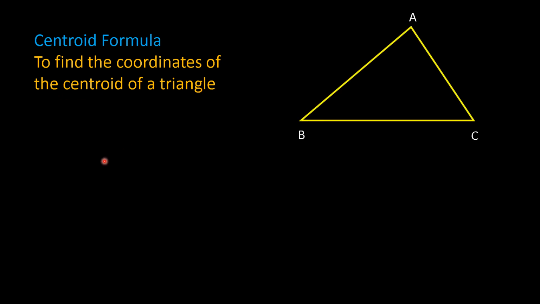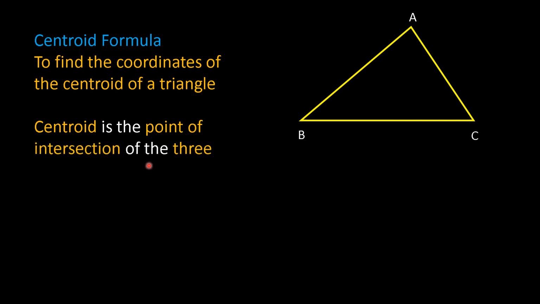Let us understand the centroid formula. Centroid formula is useful in finding the coordinates of the centroid of a triangle. Now what is centroid? Centroid is the point of intersection of the 3 medians of a triangle. So let us find out the centroid of this triangle ABC.